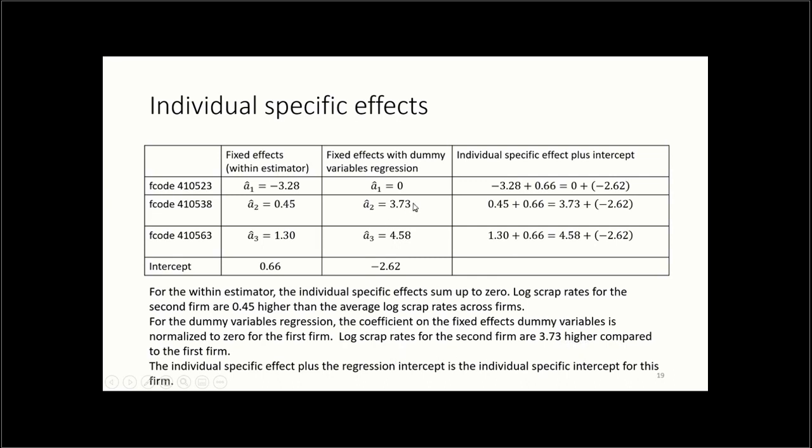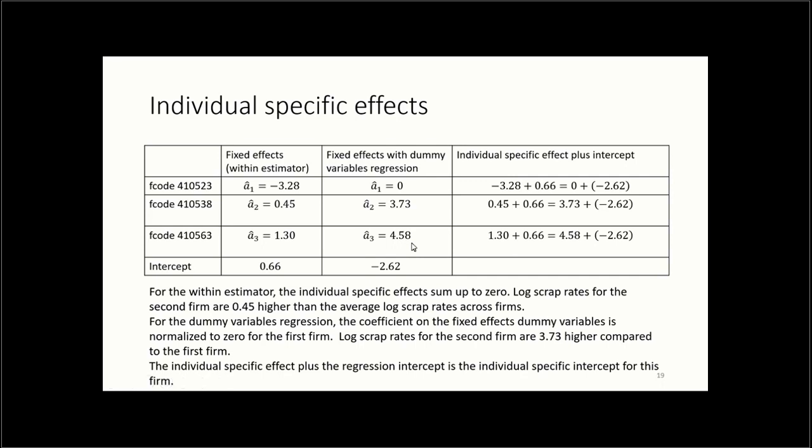So this is in comparison to the first firm, whereas this one is in comparison to the average scrap rates for the firm. Because of this different normalization, where all of these 54 effects sum up to 0, but this one is normalized to 0 and the rest are in comparison to that, we want to see the correspondence between them.